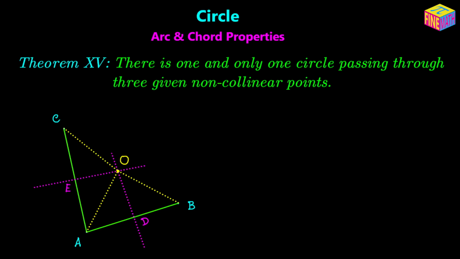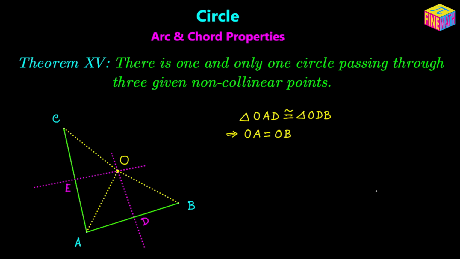So AD and DB are equal portions, and the angles ODA and ODB will be 90 degrees each, and also OD is a common side between the two triangles. So using the SAS criteria of congruence, we can say that those two triangles are congruent. And because they are congruent triangles, obviously the corresponding sides will be of equal length. That means OA will be equal to OB.